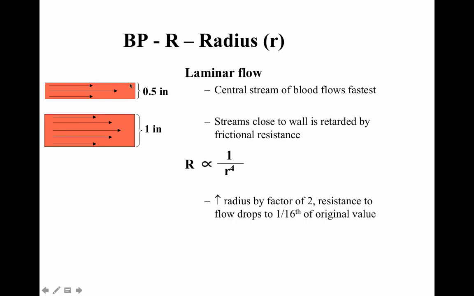Again, a 1 inch vessel will have a lot less resistance than the 1/2 inch vessel. Remembering that flow is proportionate with 1 over resistance.